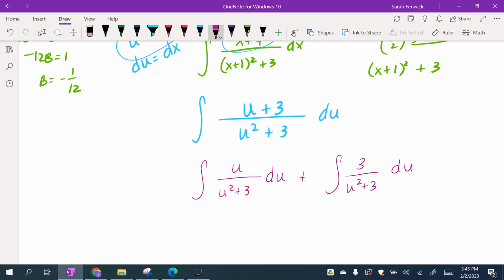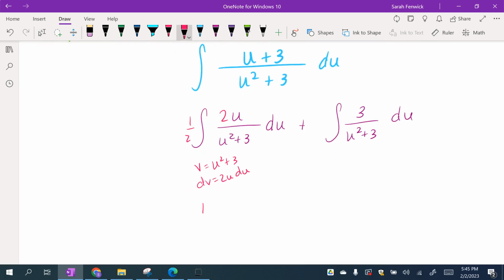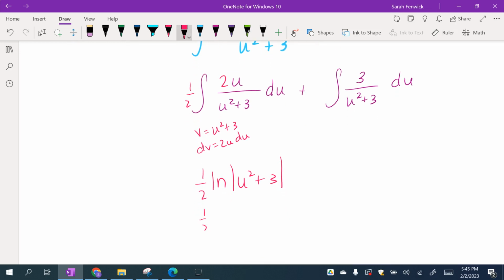Here we have, if my u, I'm going to make v, is u squared plus 3, then my dv is 2u du, so I need a 2 and a 1/2, and I have 1/2 ln of u squared plus 3. Put your x plus 1 back in there: 1/2 ln of x plus 1 squared, sorry, plus 3, which if I do my work back out, is x squared plus 2x plus 4, because that's what we had.